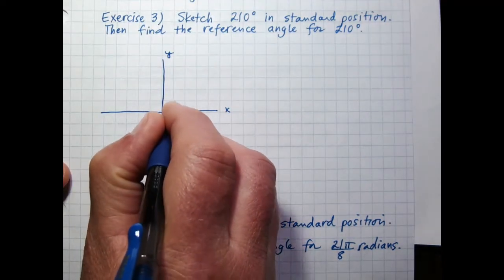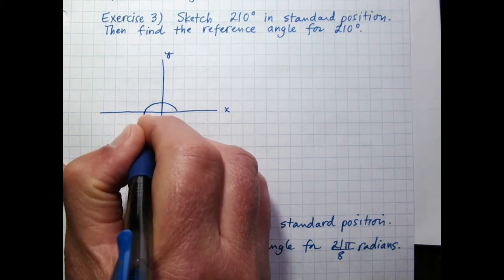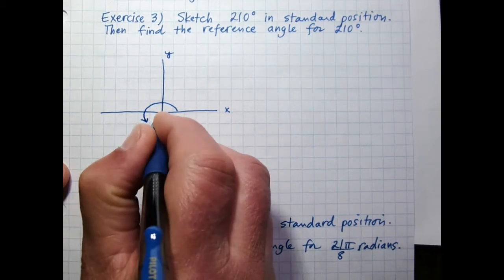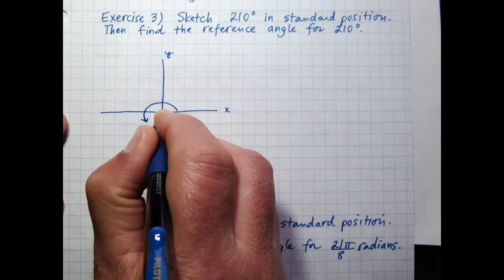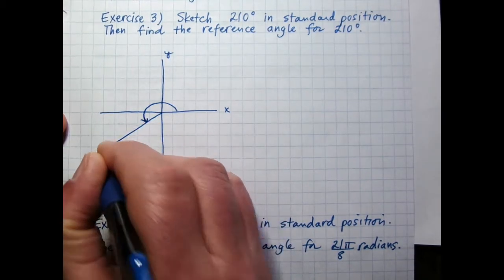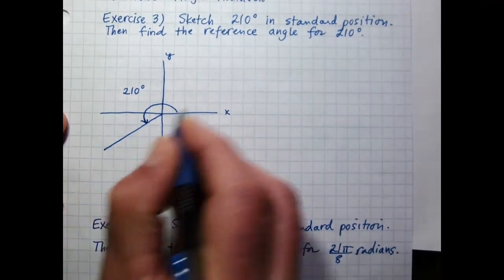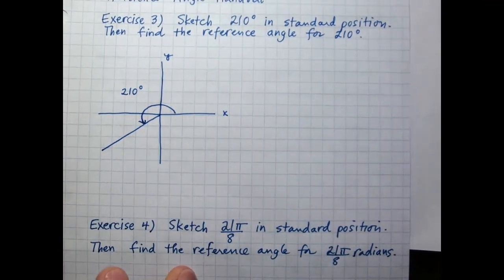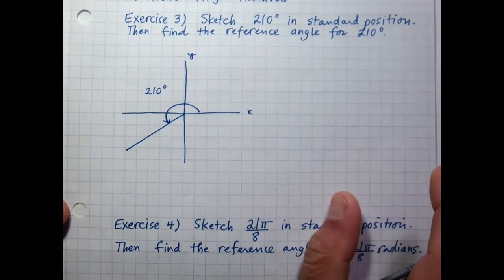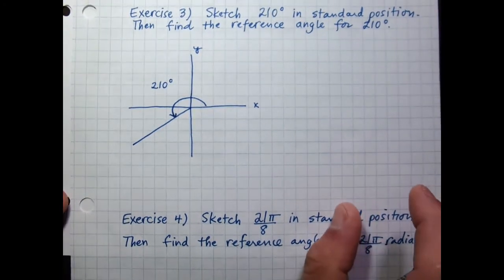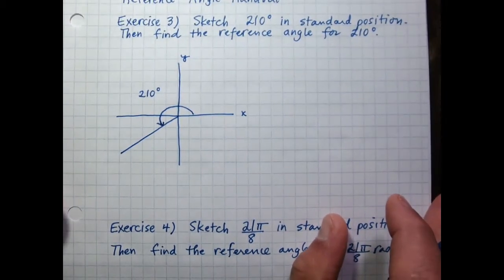It's a little bit more than 180. You don't have to draw it absolutely perfectly, but what you want to see is that in standard position, 210 degrees has its terminal side in quadrant 3, right? That's going to be crucial for us to be aware of, the quadrant that we end up in.